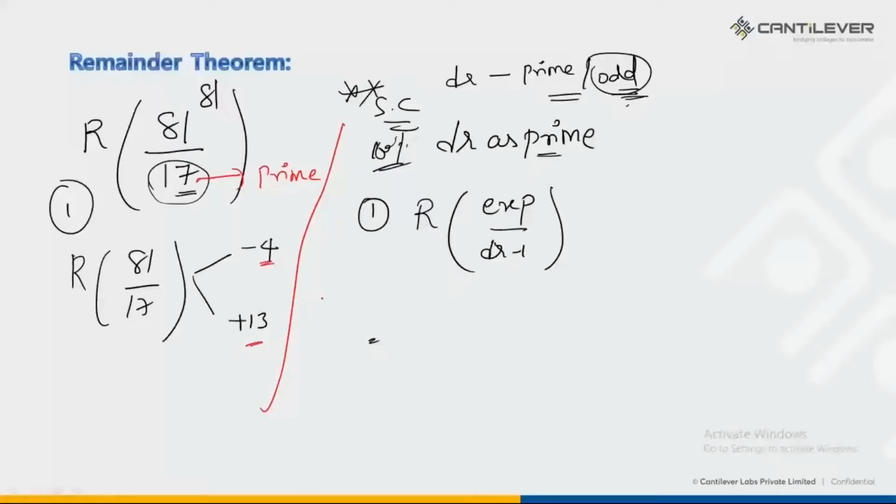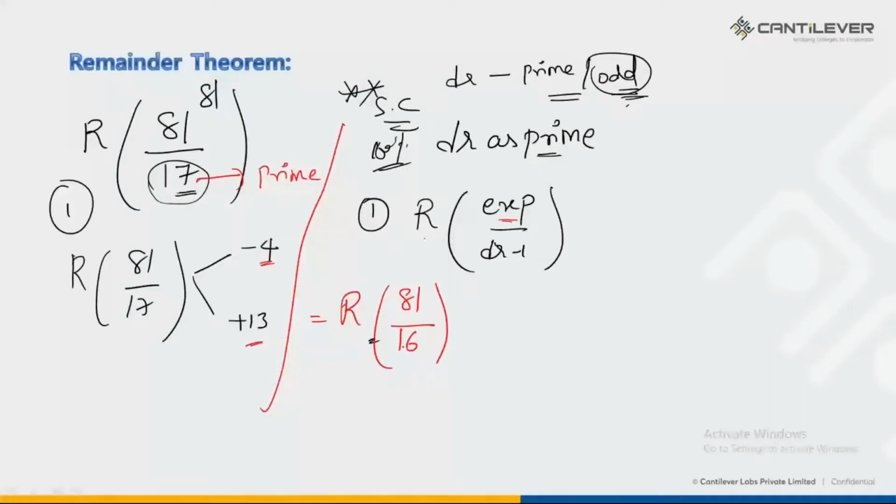So this will be the remainder when the exponent 81 is divided by 17 minus 1, which is 16.